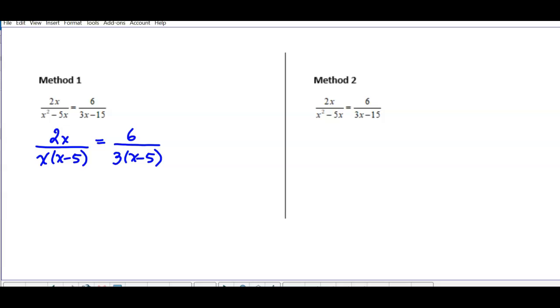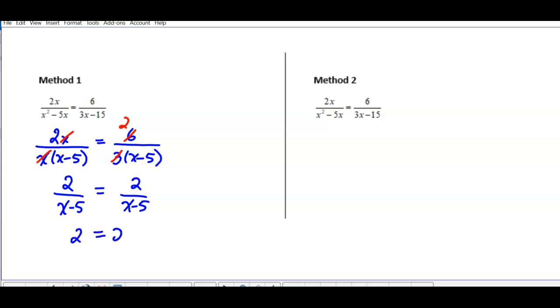Anything that's common within a fraction, reduce it if you can. And what you end up with is 2 over x minus 5 equals 2 over x minus 5. Okay, they're exactly the same.